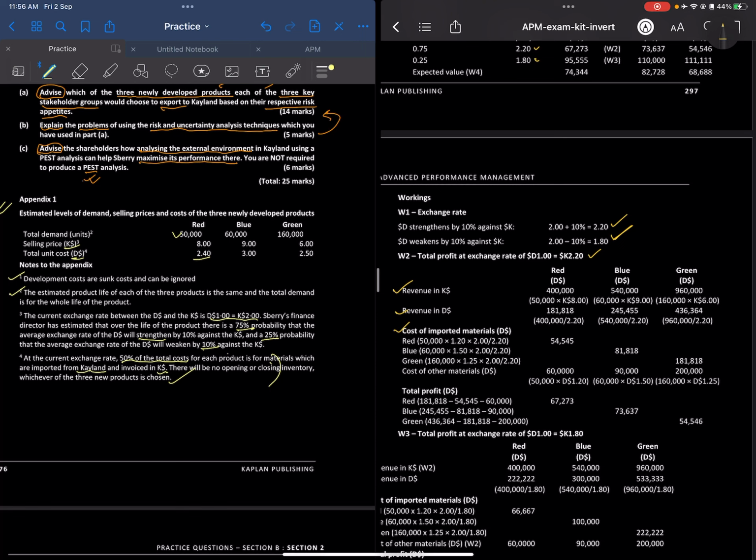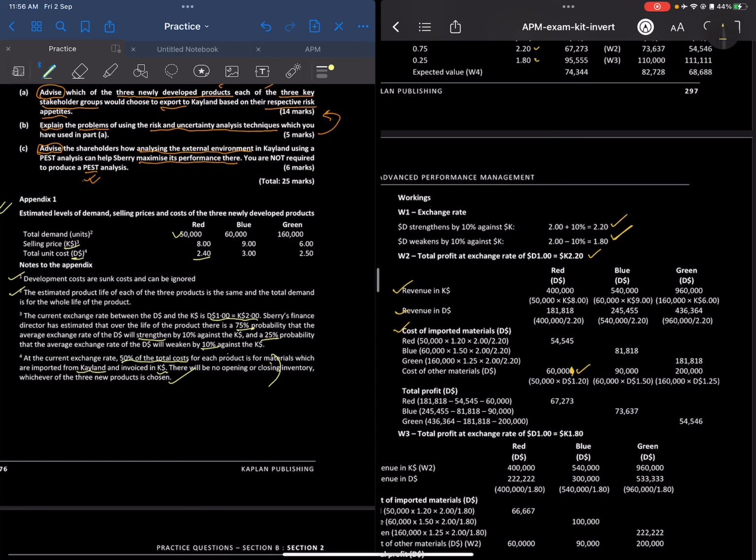So 50,000 times 1.2 will give us 60,000, right? There is a print mistake over here, so it's 60,000 only. So 60,000 is our other cost.